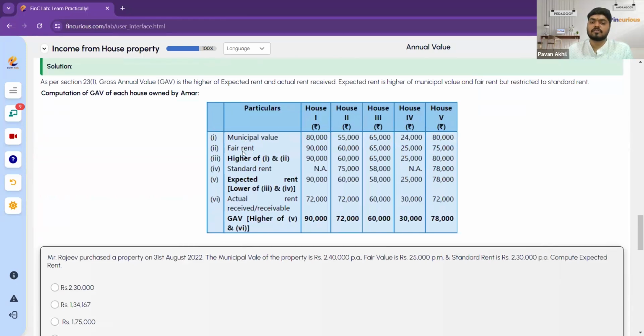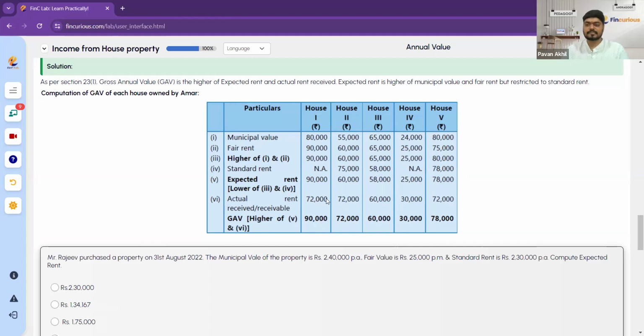You can see municipal value, fair rental value, higher of these two, and standard rent, lower of these two would be expected rent, and this expected rent and what actual rent received, whichever is higher. So 90 or 72, 90. 60 or 72, 72. 58 or 60, 60. 25 or 30, 30. 78 or 72, 78.